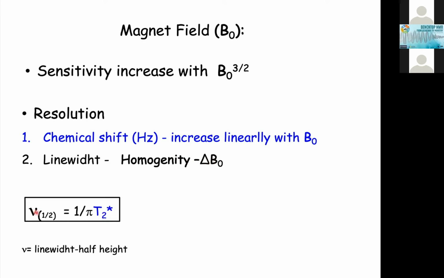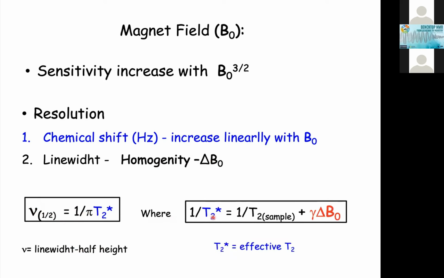Normally, the line width at half height is proportional to 1 over T2, where T2 is called the effective T2, that is the time decay that we observe when you have a FID. In a FID it is T2 star, which depends on the sample T2, that's a property of the sample, but also depends on the magnetic field homogeneity or inhomogeneity.